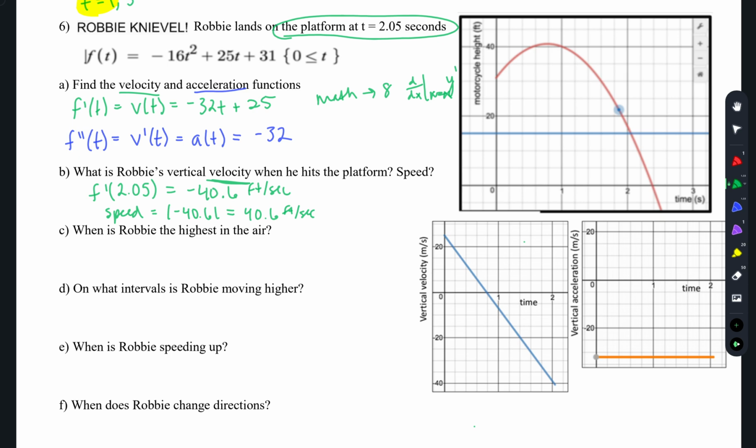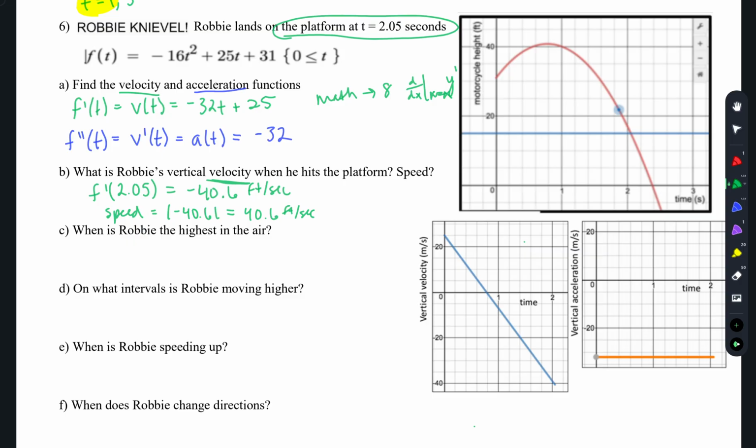Then for this next one, when is he highest in the air? That's your absolute maximum, because we know that this is an upside down parabola. You could explain it just by saying that it's going from increasing to decreasing.